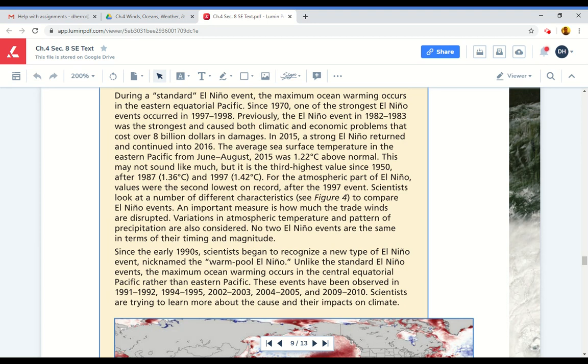This may not sound like much, but it is the third highest value since 1950, after 1987 and 1997, where the average sea surface temperature was 1.36 degrees Celsius and 1.42 respectively. For the atmospheric part of El Nino, values were the second lowest on record after the 1997 event.